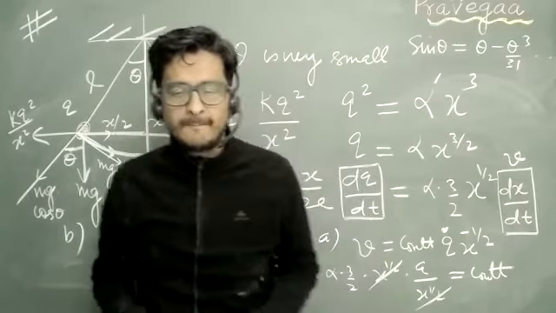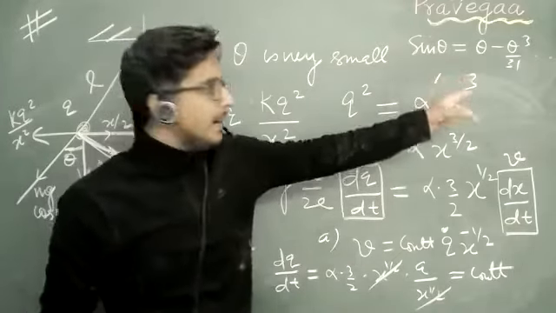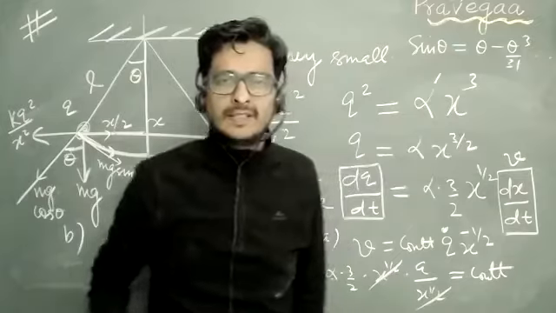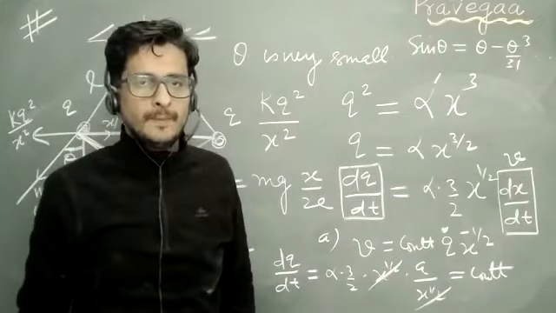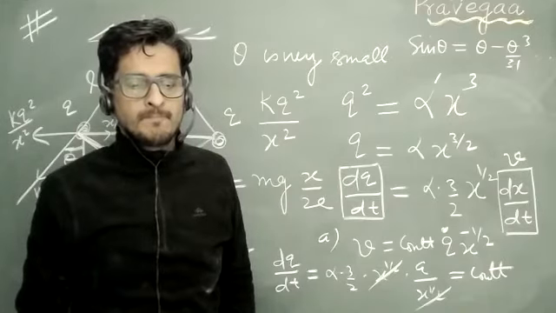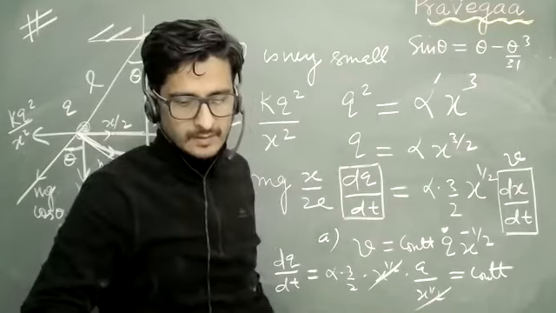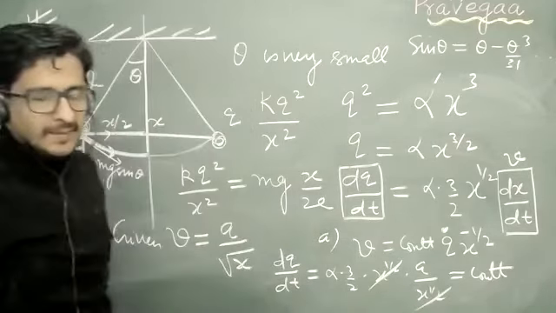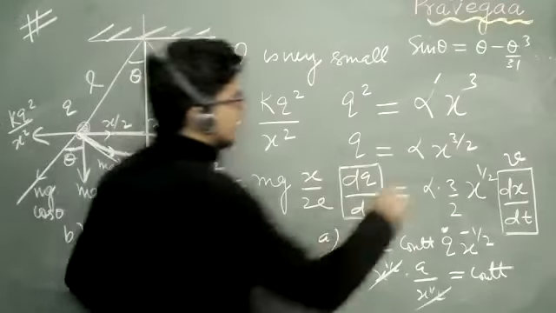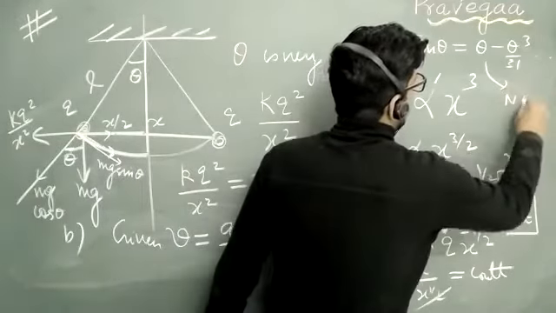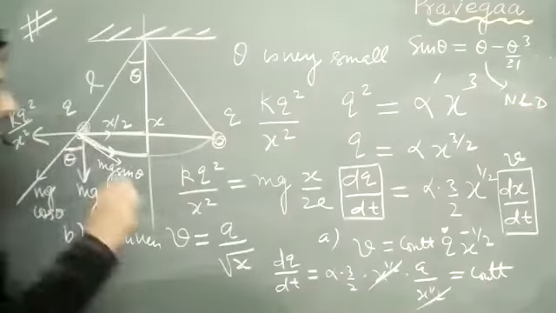Some of you have taken in non-linear dynamics the simple pendulum where sin theta is theta minus theta cube by 3 factorial. Anybody has taken that? No. So this will become non-linear dynamics, right? So we have to avoid that. Okay.